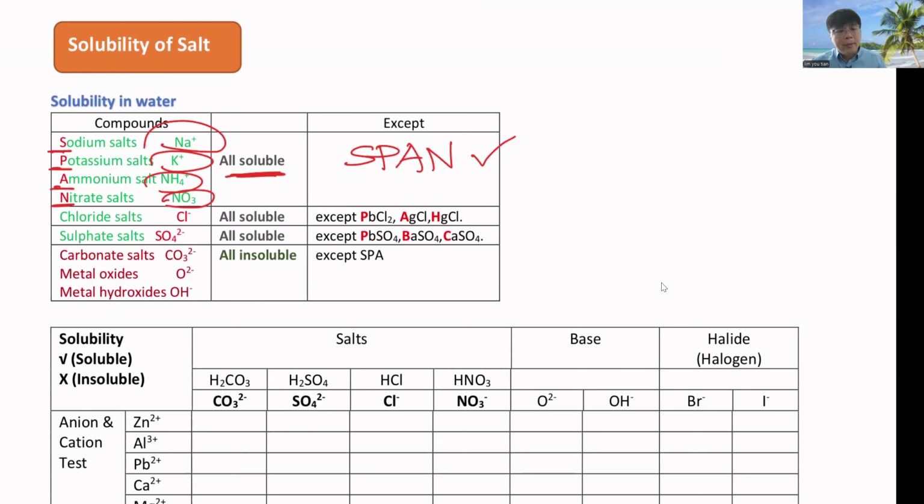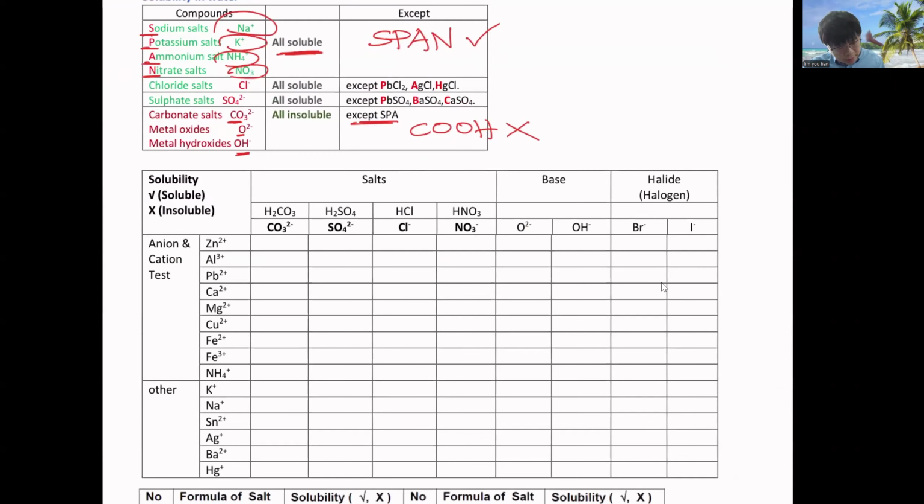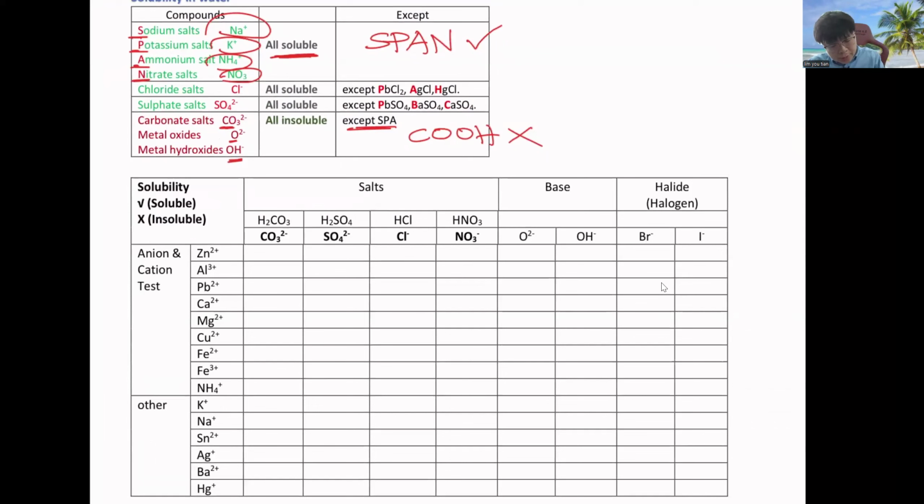Okay. Then after that, anything with carbonate, oxide, and hydroxide will be insoluble. So we use COH. Anything with carbonate, oxide, hydroxide will be insoluble, except SPA. Okay, what does it mean? Let's say below I got a table here to make sure you know this thing.